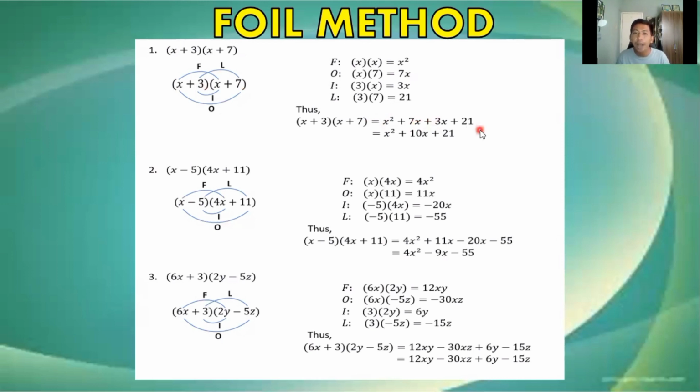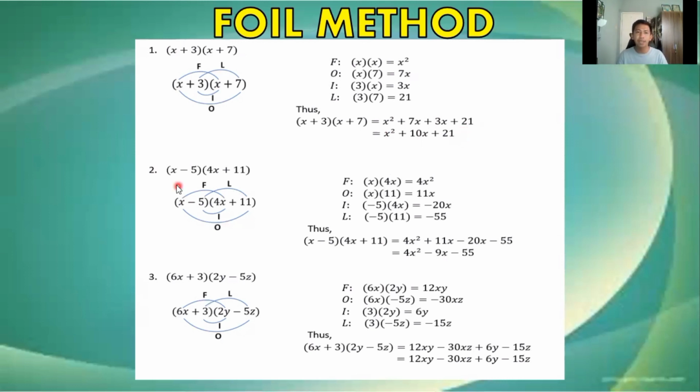And then we have to combine like terms. So 7x plus 3x, that will give us 10x. Then the final product now is equal to x squared plus 10x plus 21. What did you notice? Okay, we have arrived at the same answer, after applying now the FOIL method, which is the shortcut method when you are multiplying two binomials.